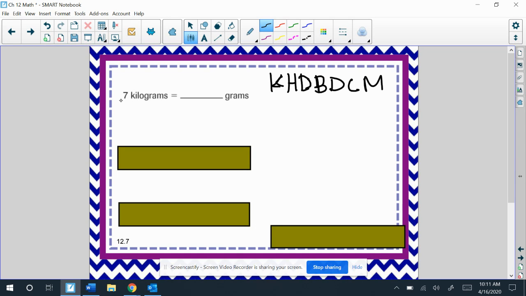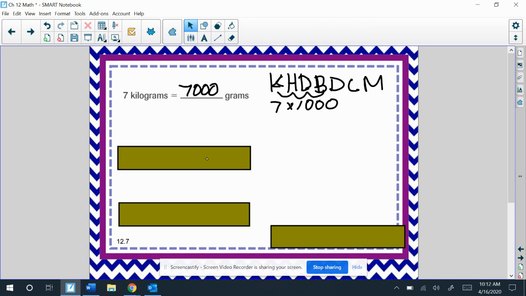I'm going to put 7 under kilo. And I'm going all the way to grams. Well, there's not a gram up here, so I know that's my base. I went down to a smaller unit, so I'm multiplying. 1, 2, 3. 7 times 1,000 is 7,000.